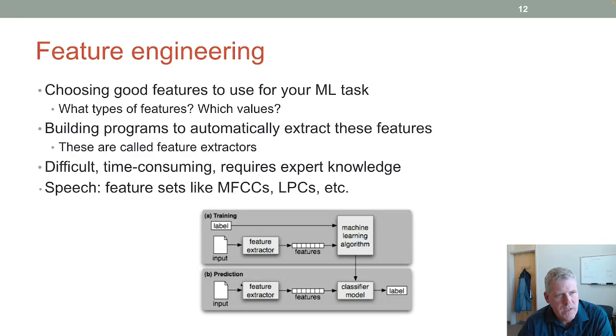So that was the training stage at the top part. And then with prediction, you have input, you do the same feature extraction with the same feature extractor as you used with the training, end up with features, and then based on the model, it says, I think the label for this is that, whether it's the Asian restaurant or it's the sound buh or whatever task you're doing with machine learning.